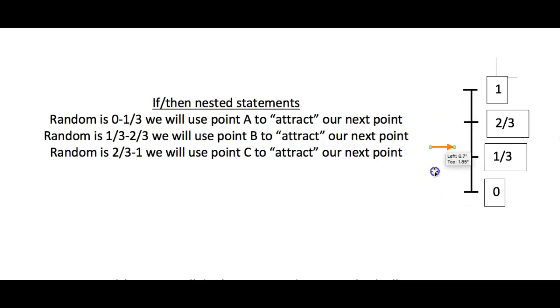This is how it was explained to me many years ago. Pointer going up and down between 0 and 1, but so fast that when the computer says stop, it's going to generate a random number. And so this number would be between 2/3 and 1. And we want to see what our outcome is when it does fall between 2/3 and 1, or between 1/3 and 2/3, or between 0 and 1/3.